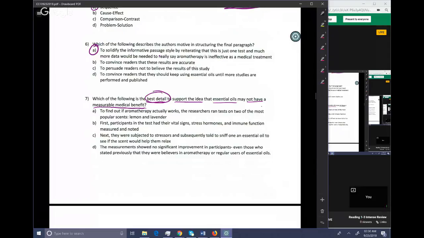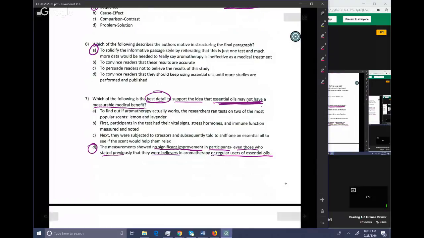What is the next thing you're going to say? So what is the detail that supports this exact idea? This one will end up being D. The measurements showed no significant improvement in participants, even those who stated previously that they were believers in aromatherapy or regular users of essential oils.